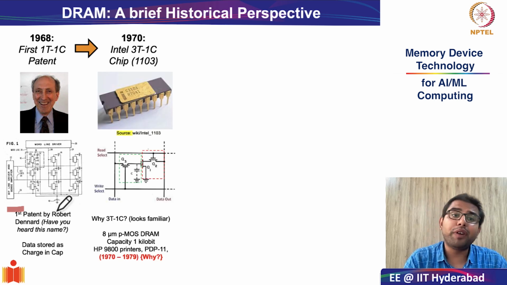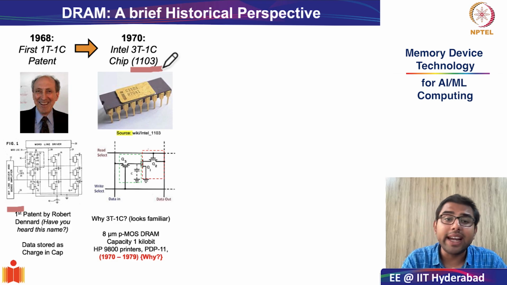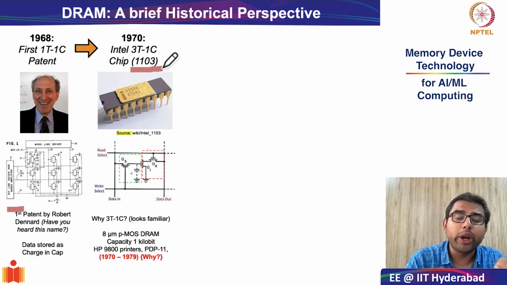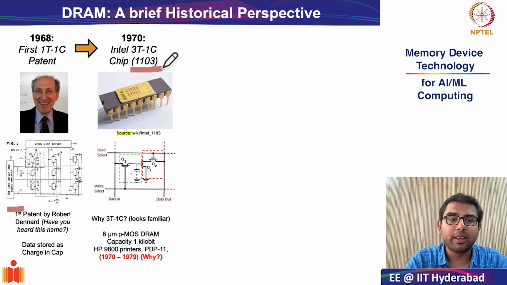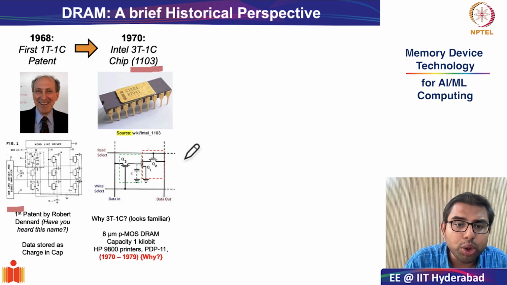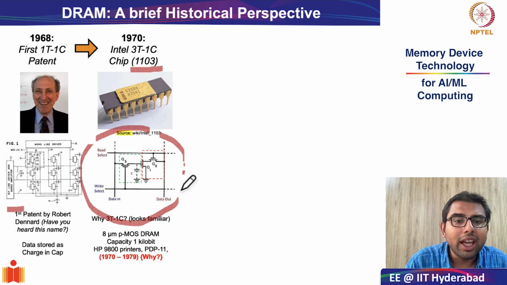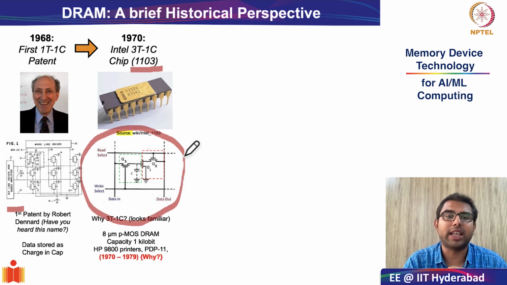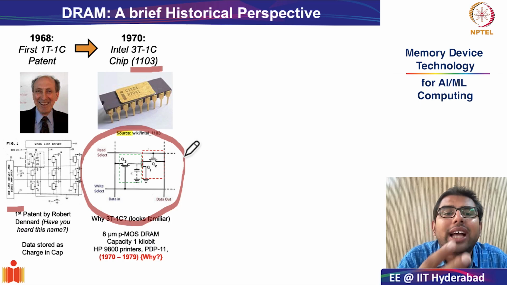However, the first commercialization came very quickly from Intel. Intel's first chip, called 1103, came up with the 3T1C DRAM cell. Now from 1T 1C we are discussing 3T1C. Here I have shown you the structure of the 3T1C cell, and immediately you would know that there are two extra transistors.